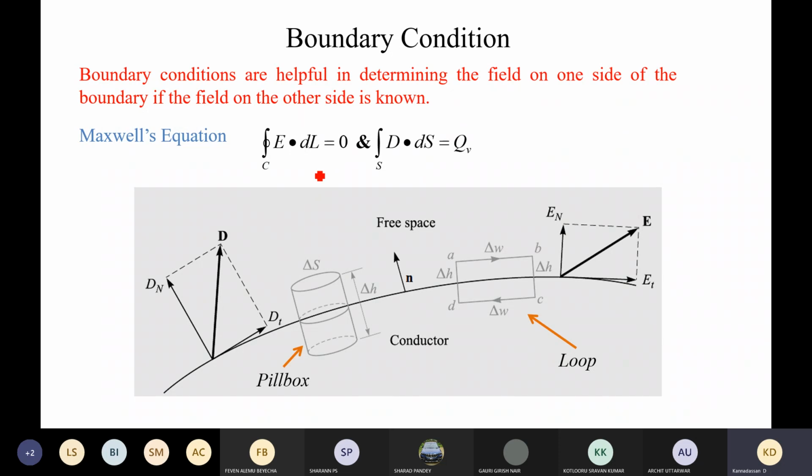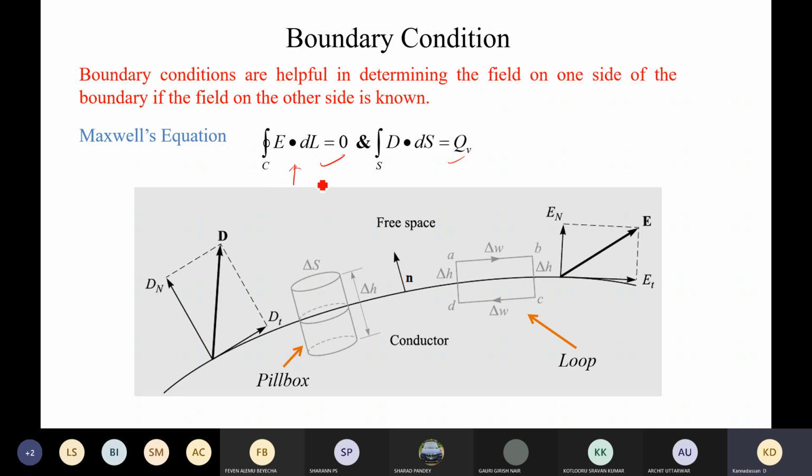Keeping these two things in mind, because in one the right hand side is 0 and in the other the right hand side is not 0, these two conditions we can easily take into account to compute both concepts. And the electric field is independent of the material.